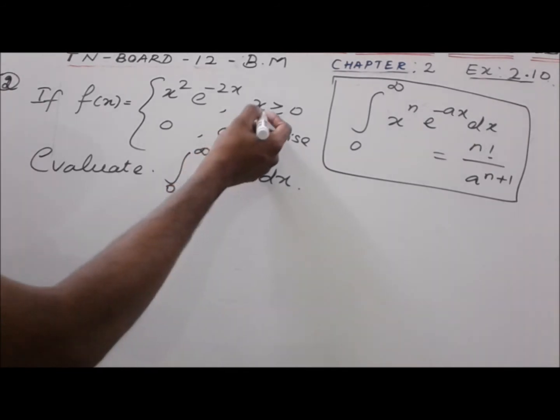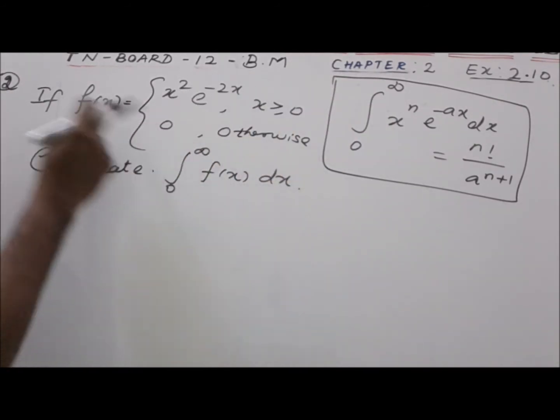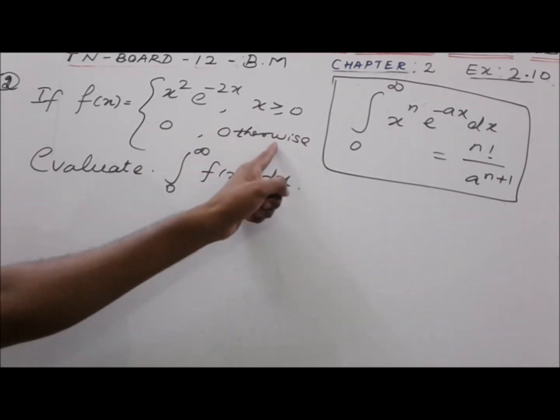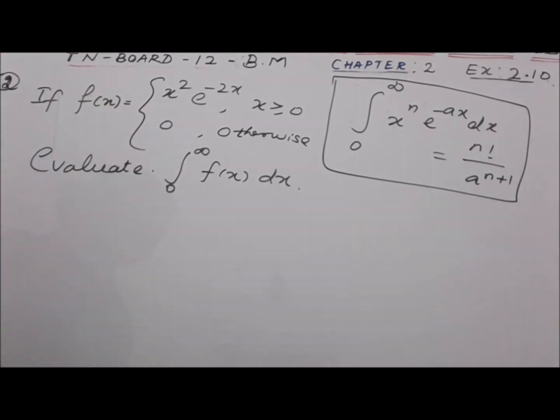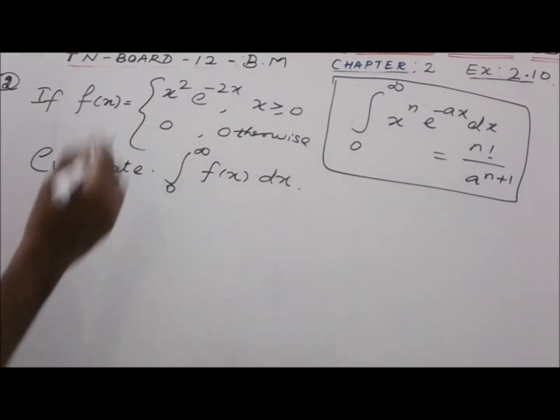So from 0 to infinity, the function is x square e power minus 2x as defined. And for other limit values, otherwise, the function value becomes 0. So we should evaluate the integral from 0 to infinity of f of x dx.